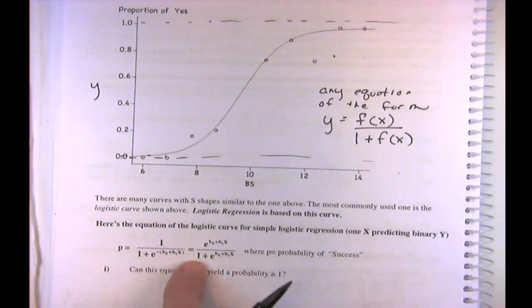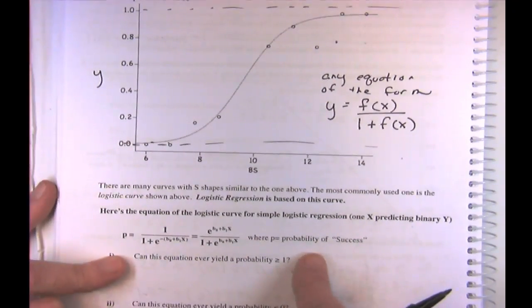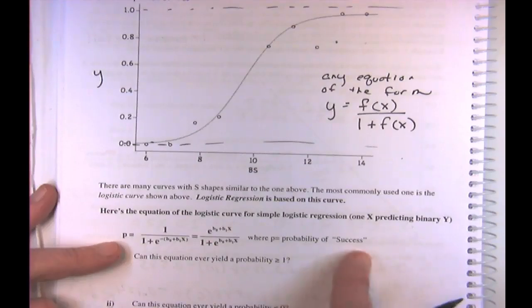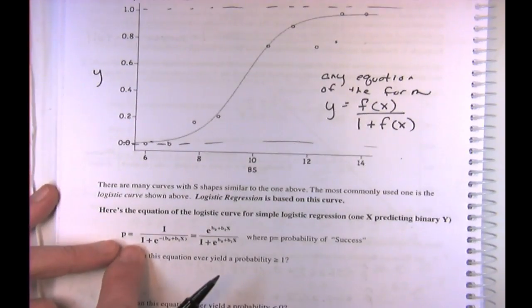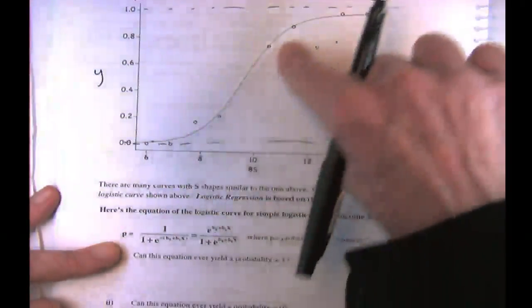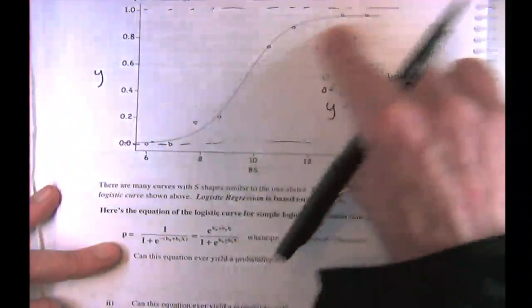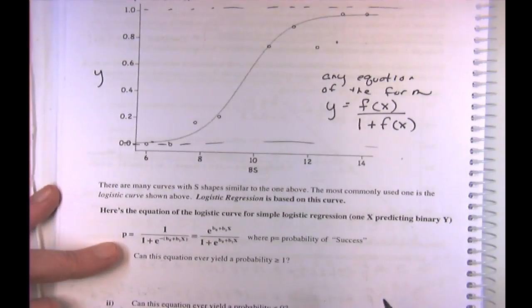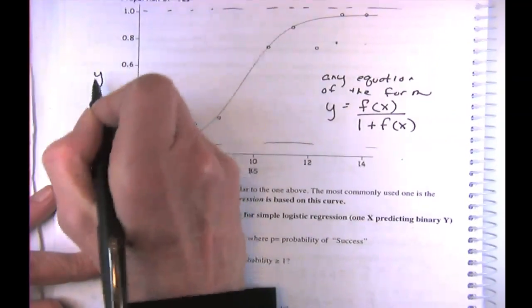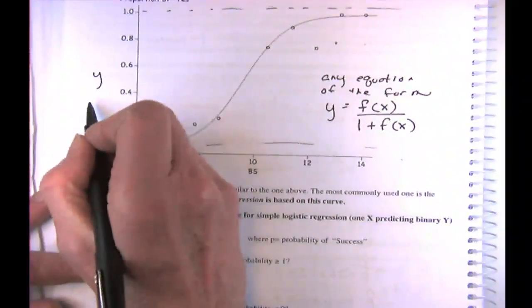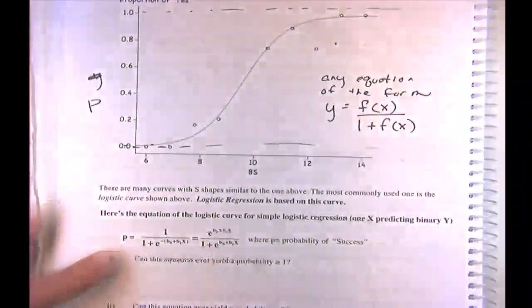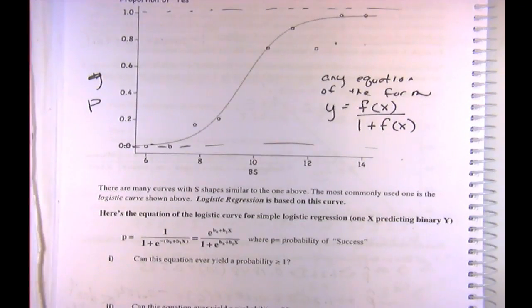These are equivalent, where P is the probability of a success. So the probability of a success follows this curve. So this is P right here, probability of success. Probably I should write P there.